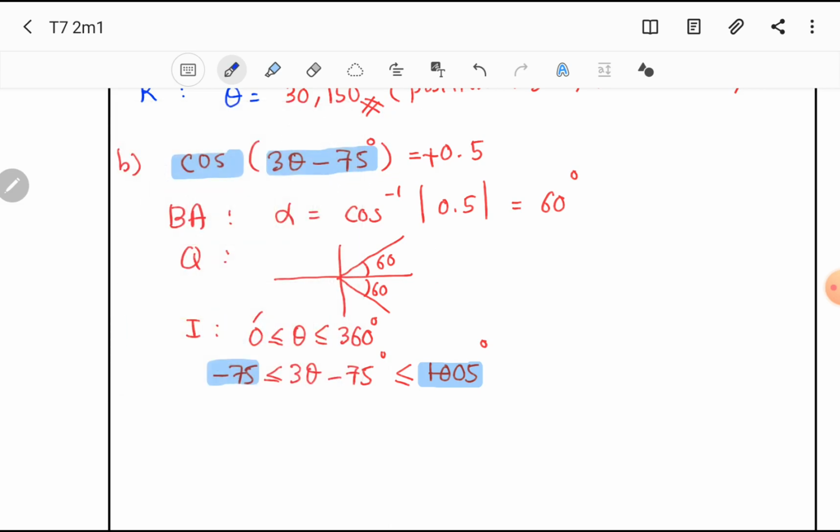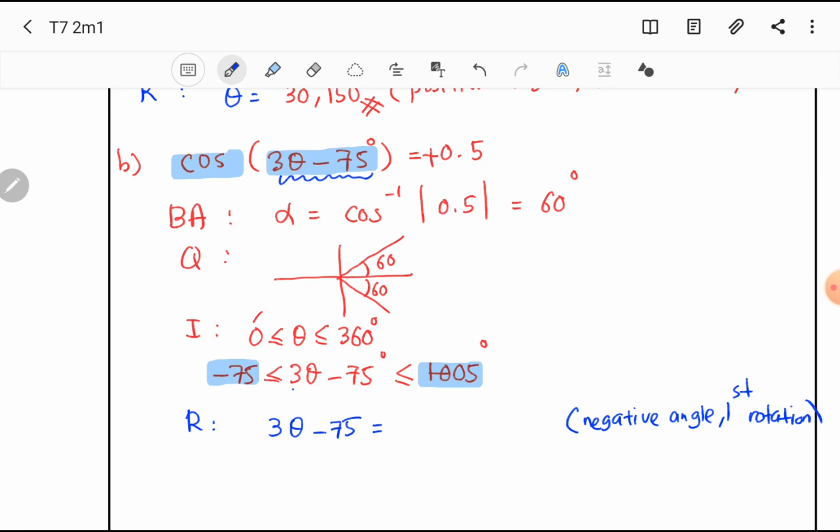So now for the first rotation. Okay, what is the question? We have 3 theta minus 75. So 3 theta minus 75 equals to, first we consider negative angle and the first rotation.